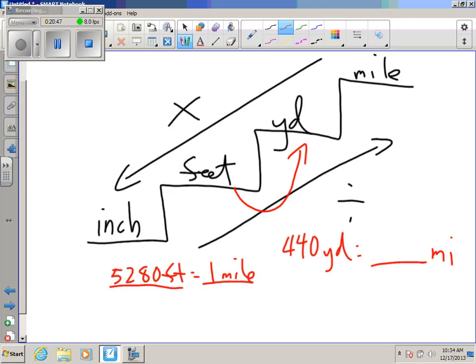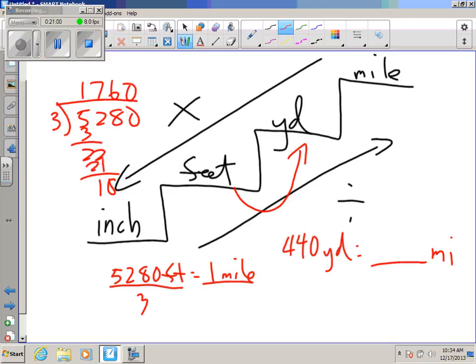Divide the 5,280 by 3. 1,760 yards equal 1 mile.